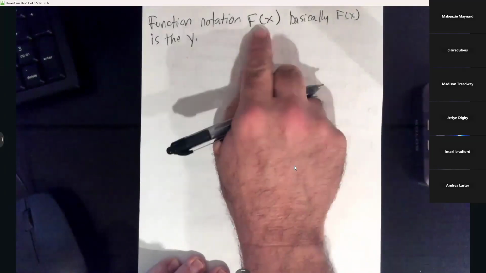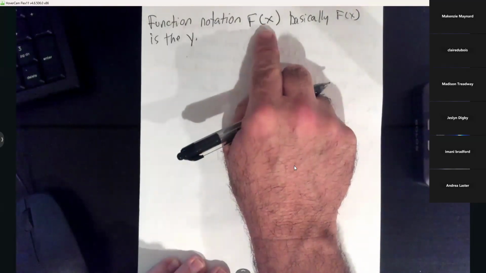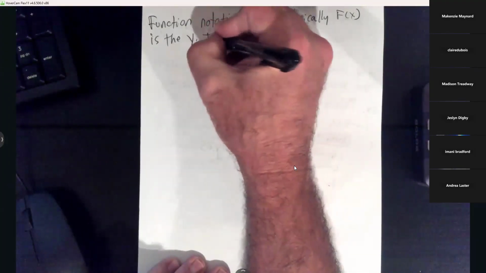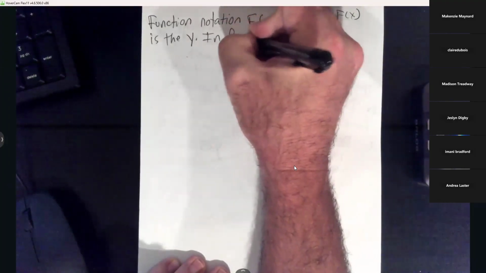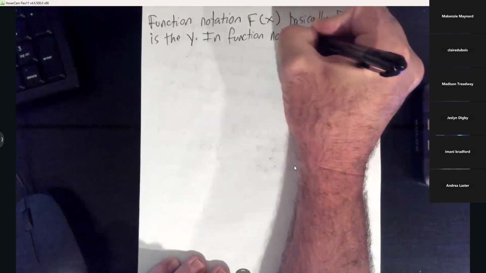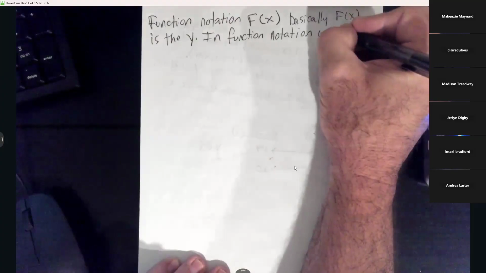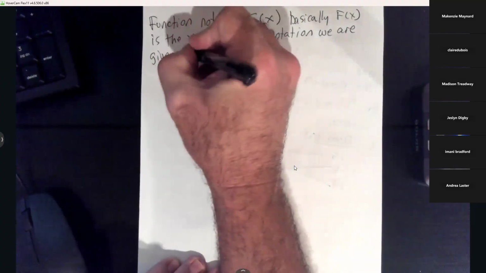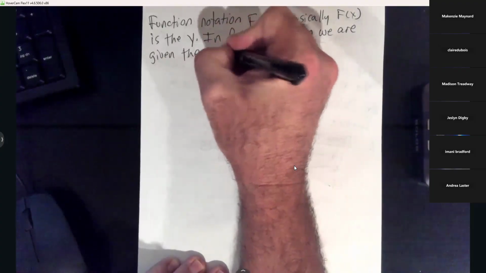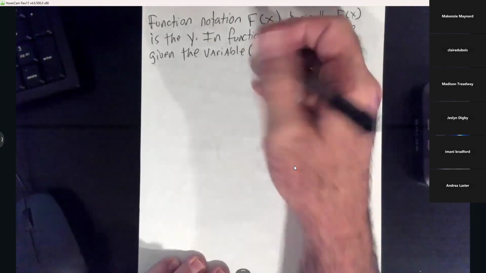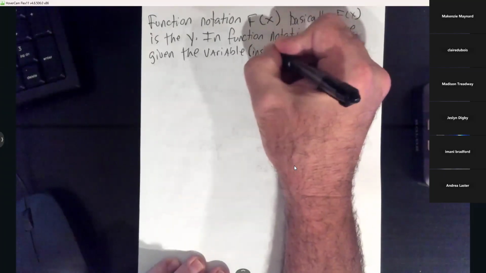So f of x and y are the same thing. Here's the difference though. In f of x, in function notation, we are given the variable. So we're given the variable inside the parentheses.